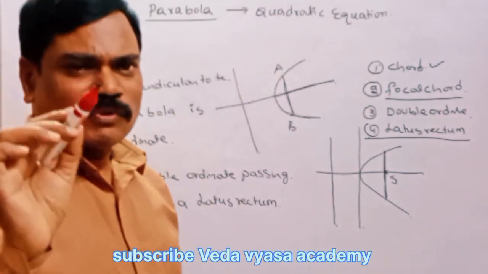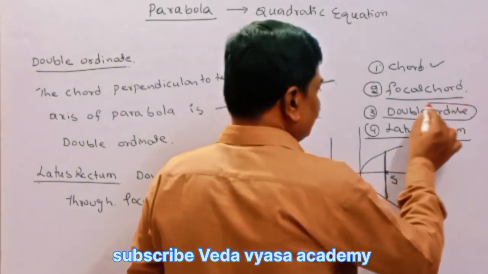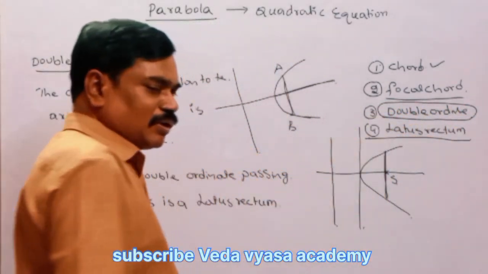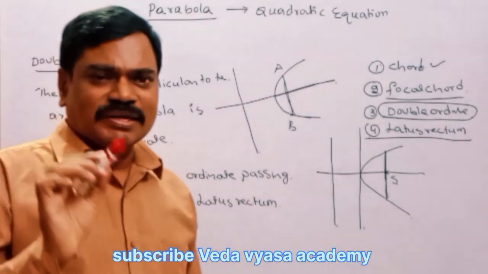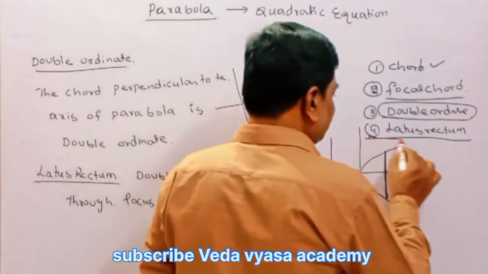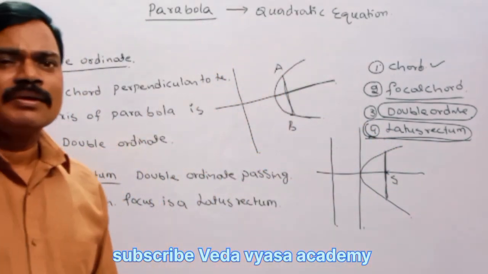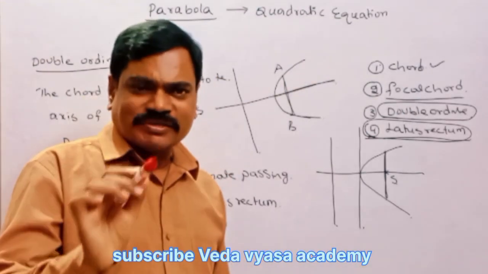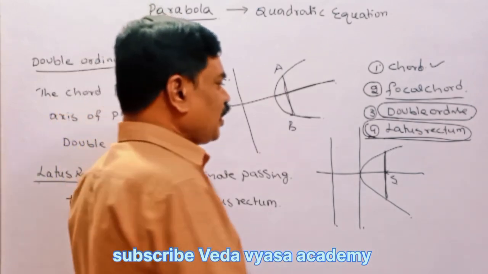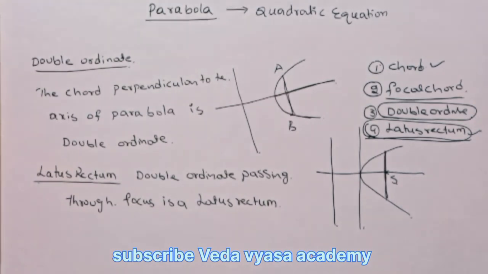Third one, double ordinate, the chord perpendicular to the axis of the parabola. Fourth one, latus rectum, a double ordinate passing through the focus. These are very important points in the parabola.